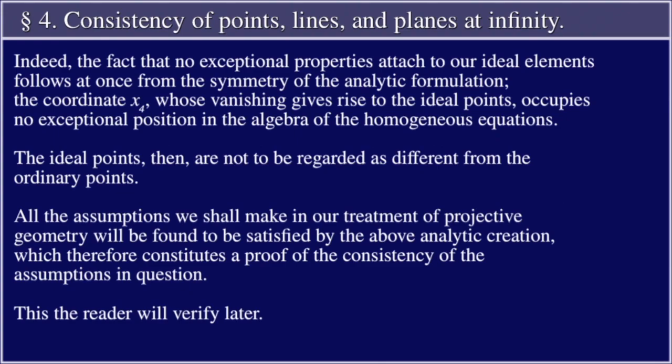Indeed, the fact that no exceptional properties attach to our ideal elements follows at once from the symmetry of the analytic formulation. The coordinate x sub 4, whose vanishing gives rise to the ideal points, occupies no exceptional position in the algebra of the homogeneous equations. The ideal points, then, are not to be regarded as different from the ordinary points.